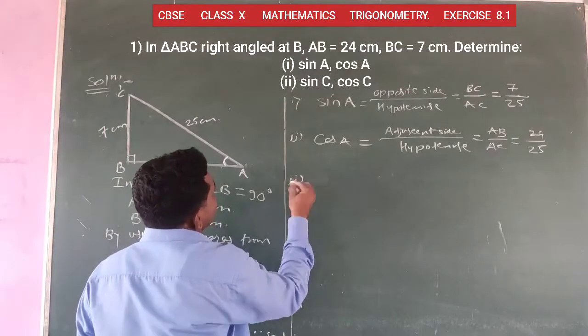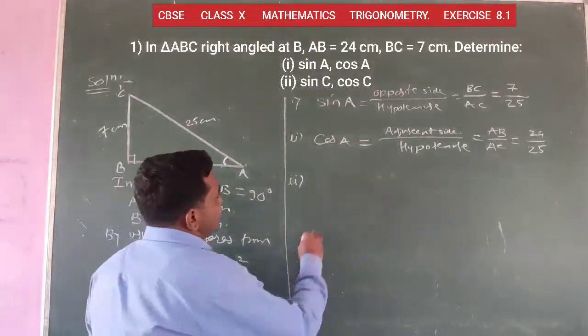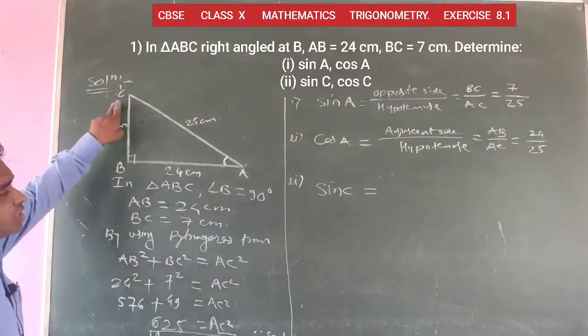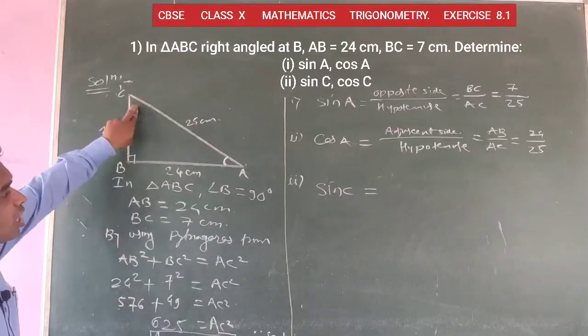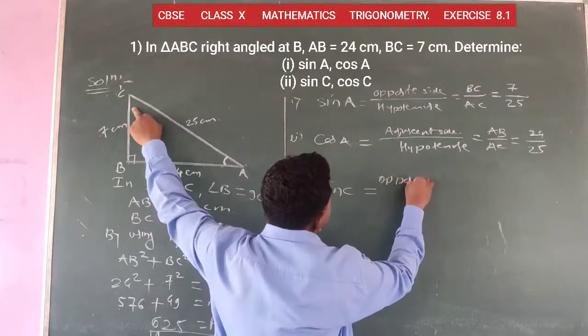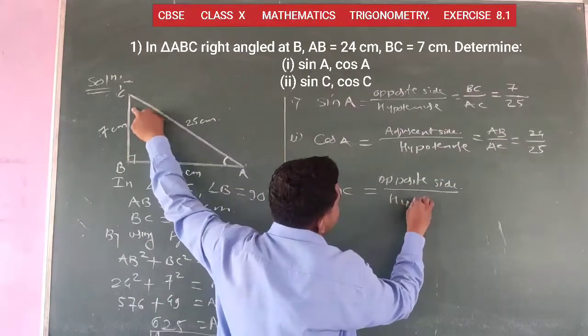In the second part, the values to be found are sin C and cos C. Now sin C. Consider the angle C. Again the same formula for the sine function: opposite side upon hypotenuse.